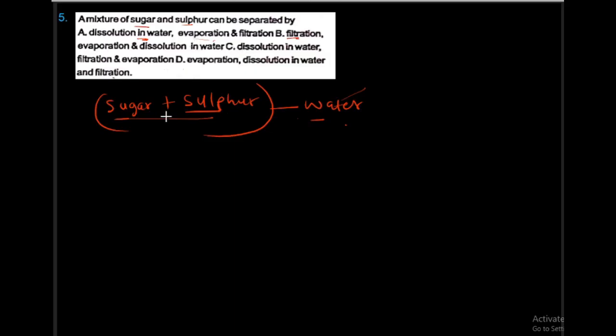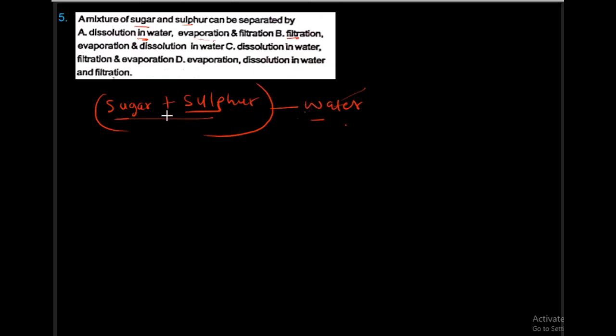Now option C says dissolution in water first, and then filtration. This makes sense. Sugar and sulfur first in water, that's dissolution. Now remember I said sugar will dissolve in water, but sulfur will not dissolve in water.